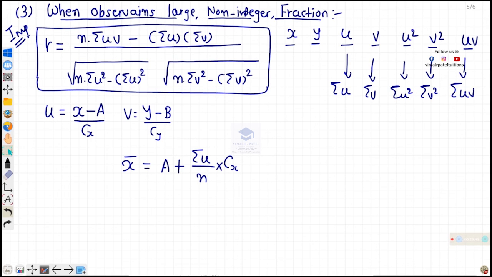For y, it will be B plus sigma v upon n into the class length of y. This formula will be used when the value of sigma u or sigma v is not given in the sum. At that time, this relation will be useful.